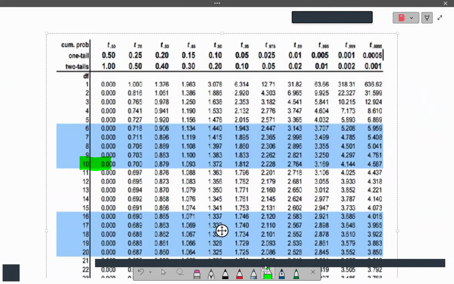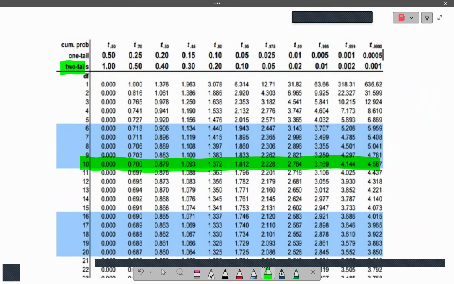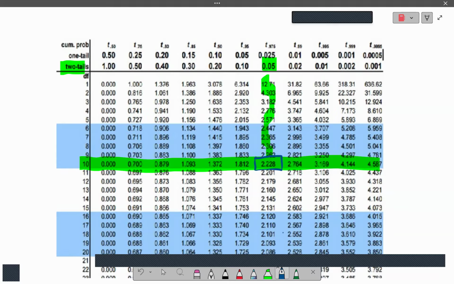All right, 10 is right here. And you look for two tails, 0.05, this one. 2.228. Are we okay?